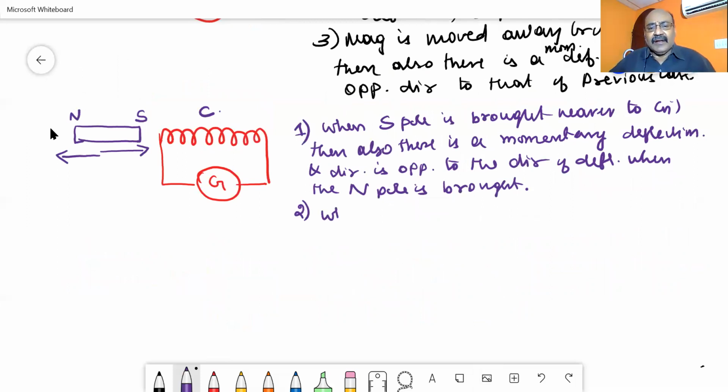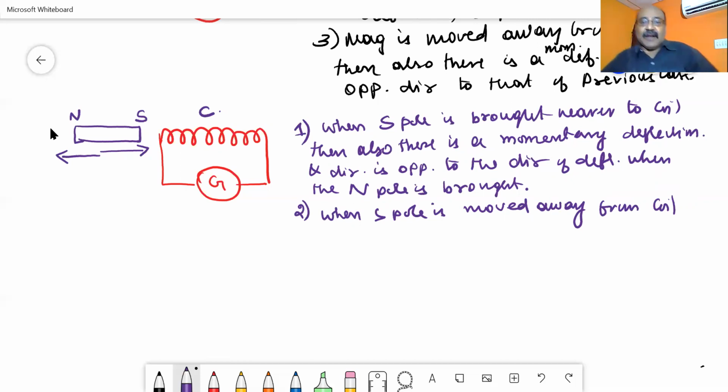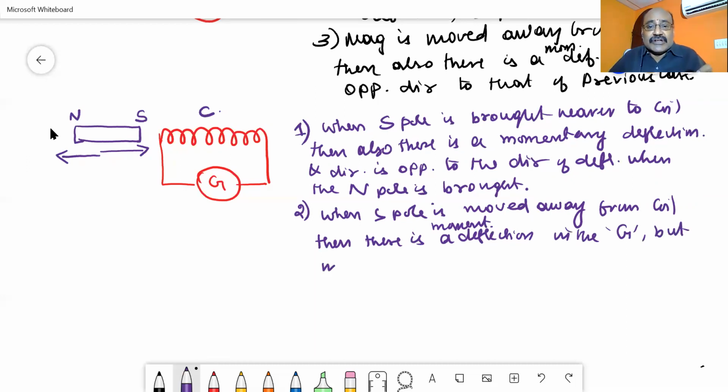Now you can write, when the south pole is moved away from the coil, there is a momentary deflection in the galvanometer, but in the opposite direction to that of the previous case.